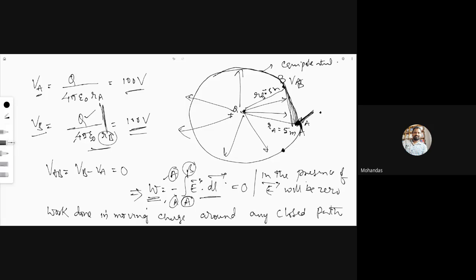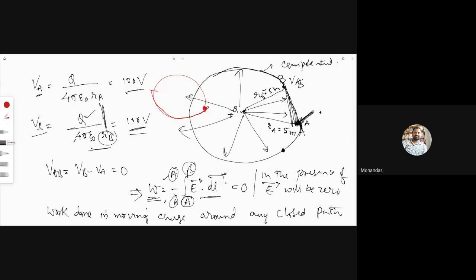Not only this circle here, suppose you take another circle here, at this particular point. I start here and move in this fashion.